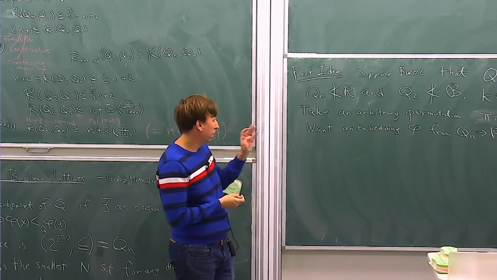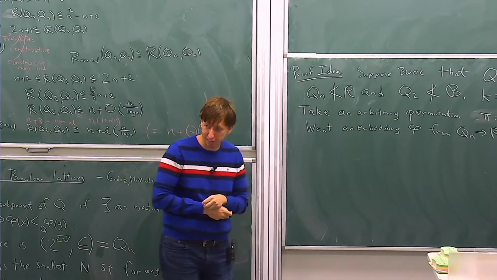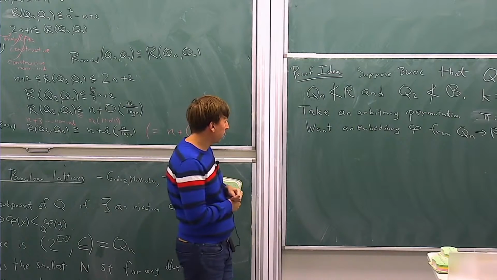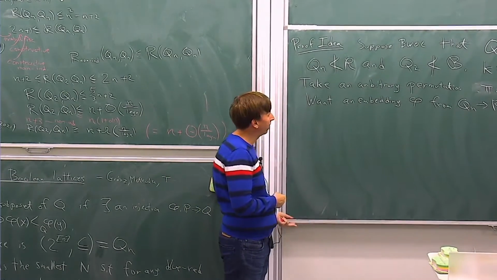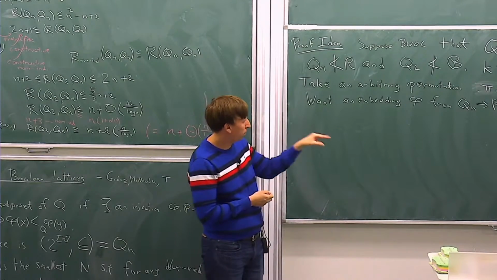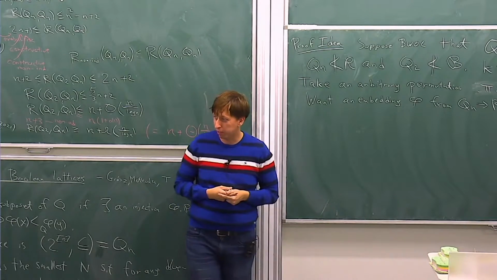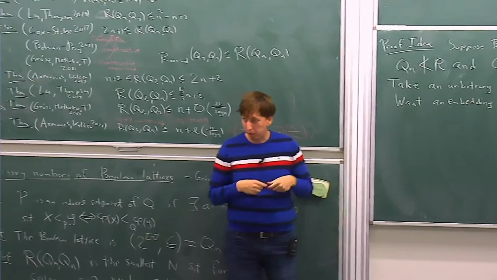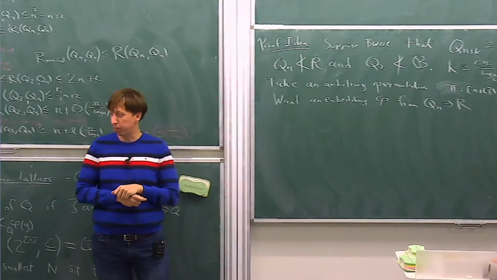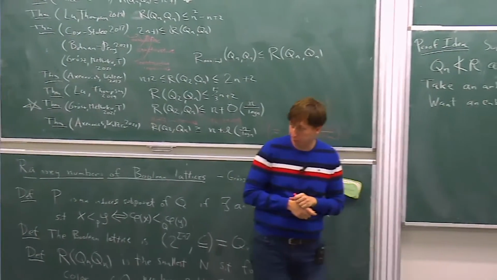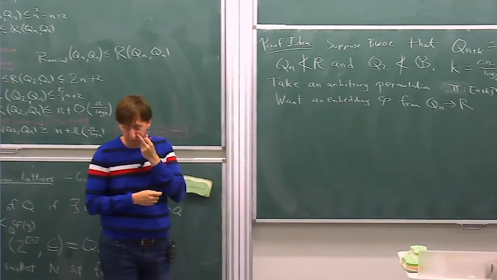But we start trying to construct an embedding like this. And more specifically, I'm not going to think of going from Qn to Qn plus k, but try to make the embedding go into a certain subset of Qn plus k, which is going to be useful, defined in terms of the permutation.